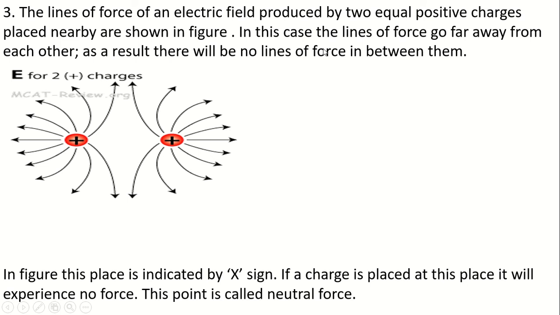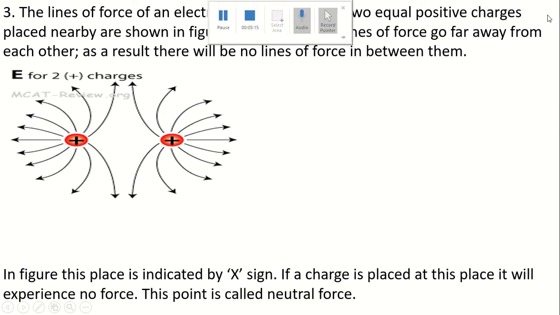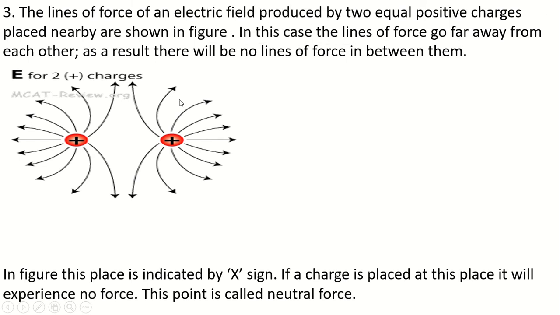The lines of force of an electric field produced by two equal positive charges placed nearby are shown in the figure. In this case, the lines of force go far away from each other. As a result, there will be no lines of force in between them. So look here in this figure, this place is indicated by an x sign.